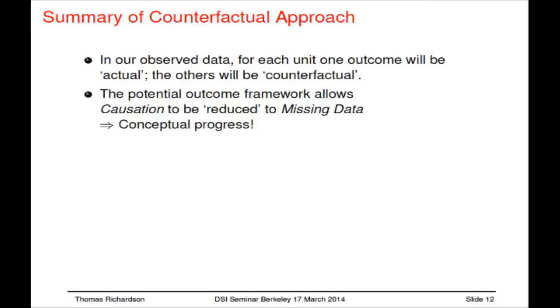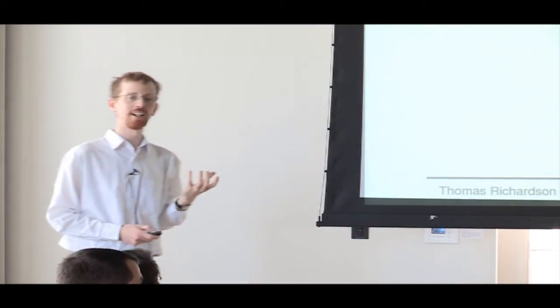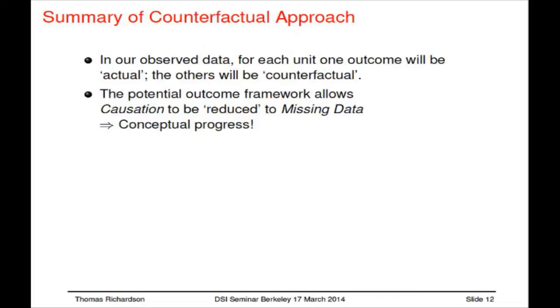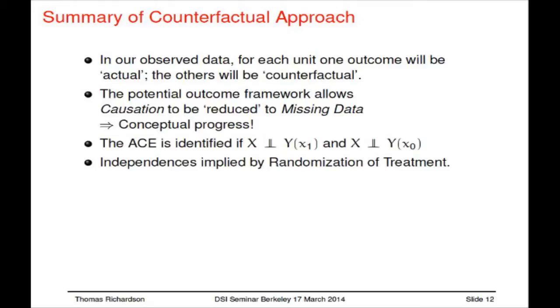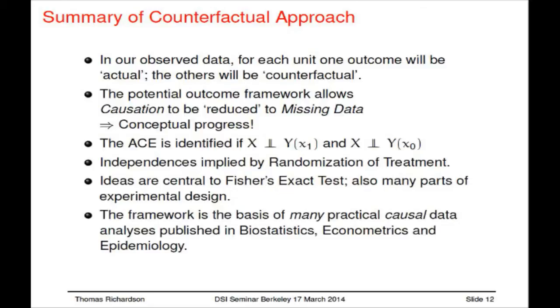I sometimes describe this as: causation is something that almost everybody gets excited about, while missing data is something that statisticians get excited about, but not quite so many other people. The good news is that this is conceptual progress. And we saw that the average causal effect is identified if we have these two marginal independencies holding, and those would be implied by randomization of treatment.